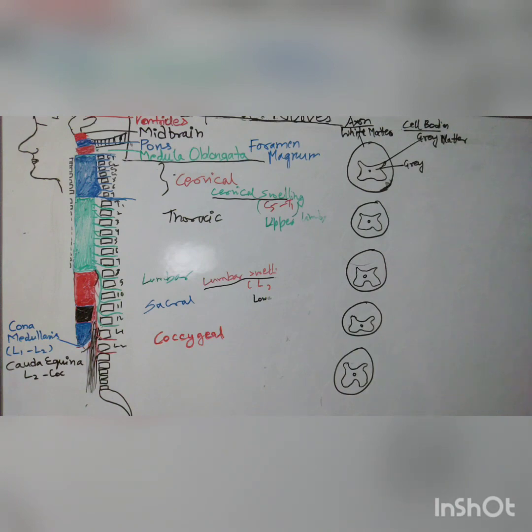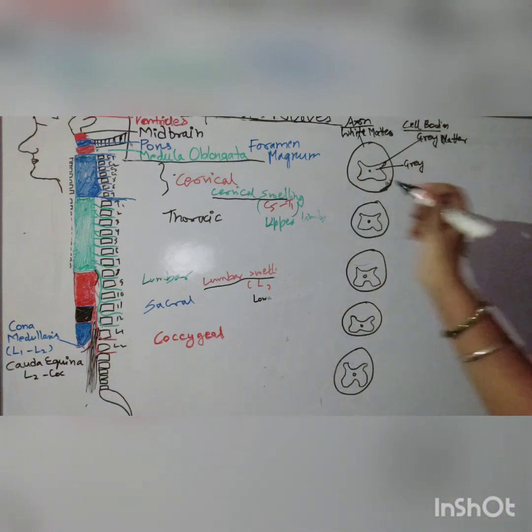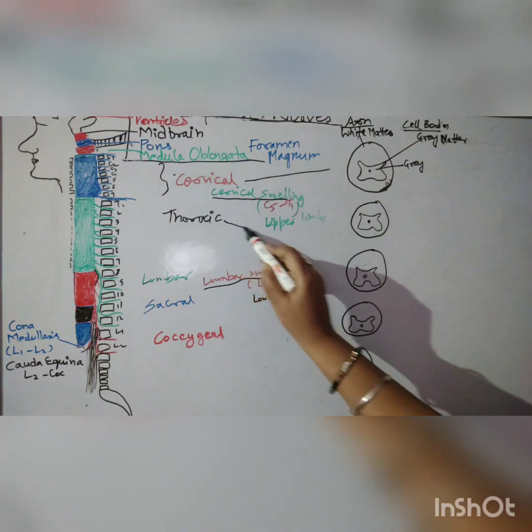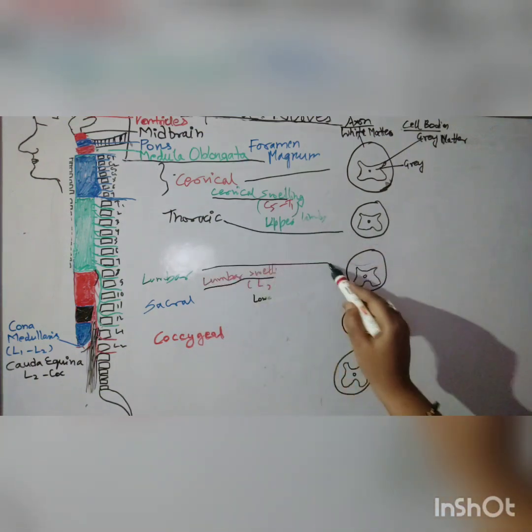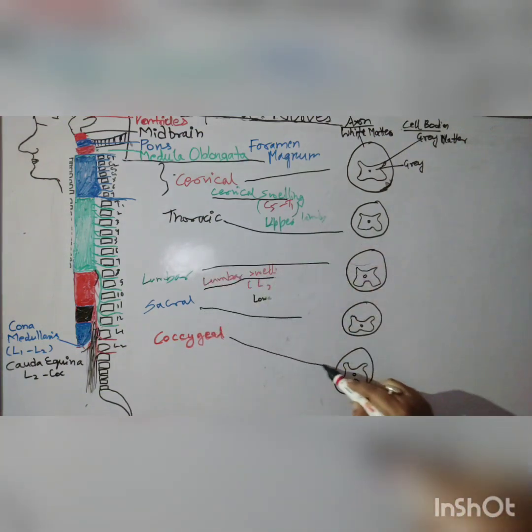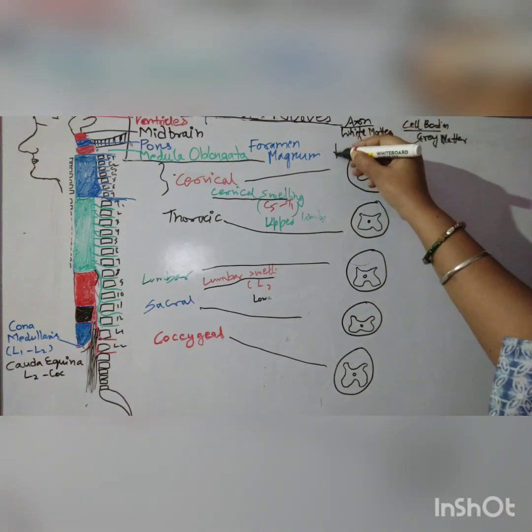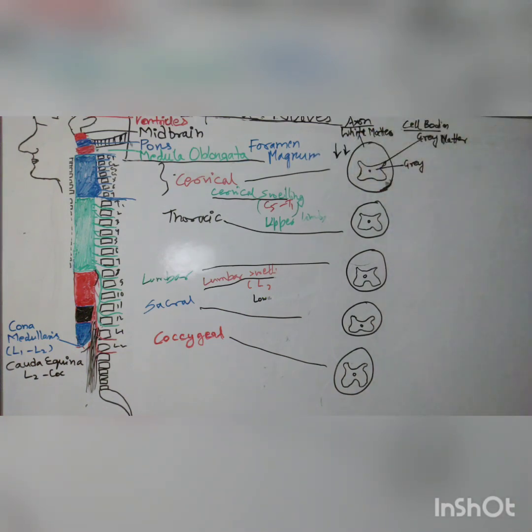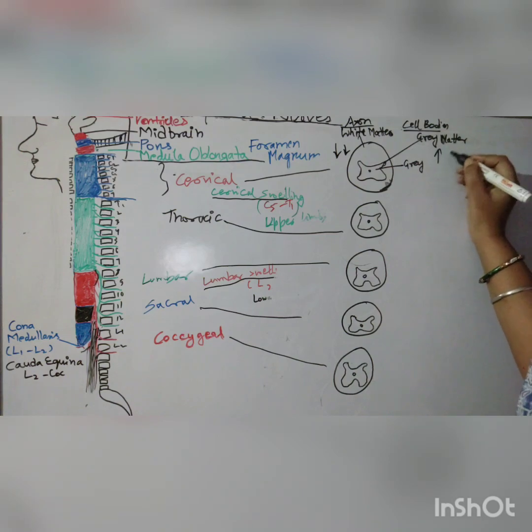Moving from cervical, thoracic, lumbar, sacral to coccygeal, white matter decreases and gray matter increases.